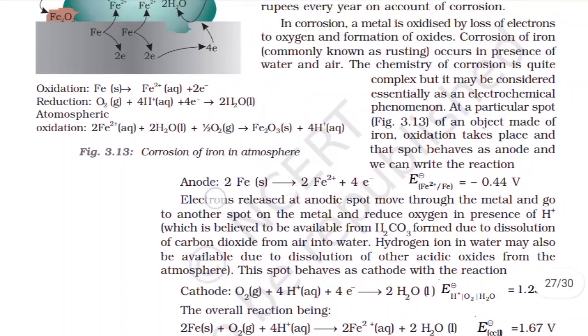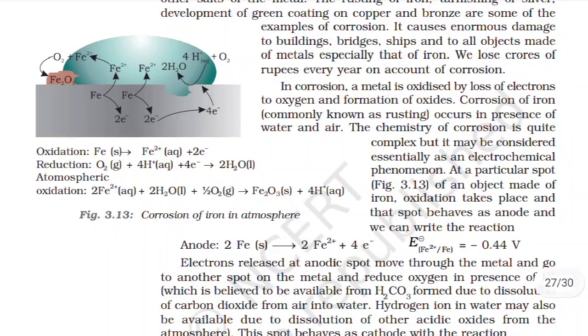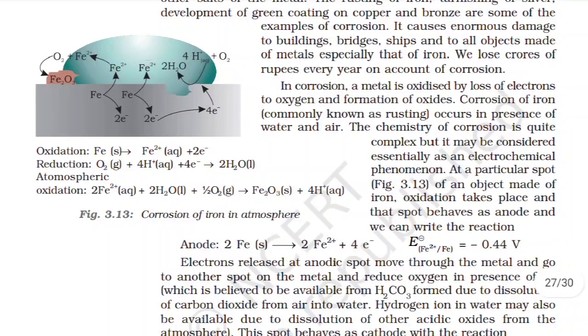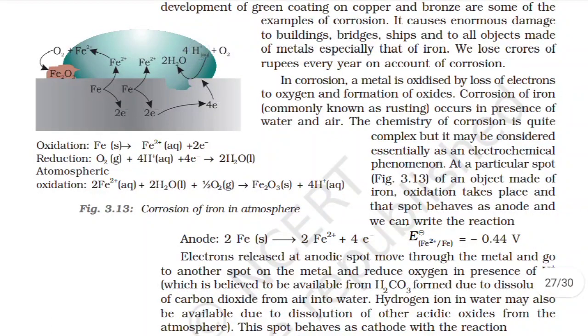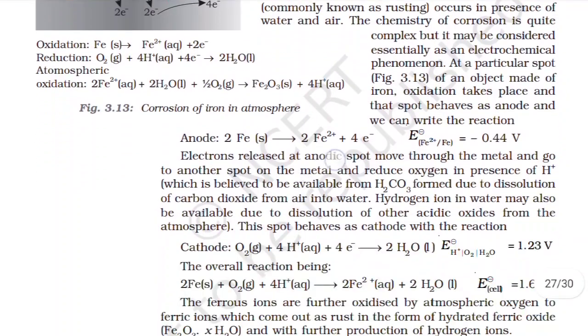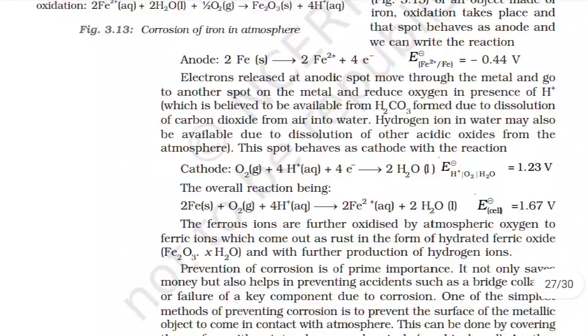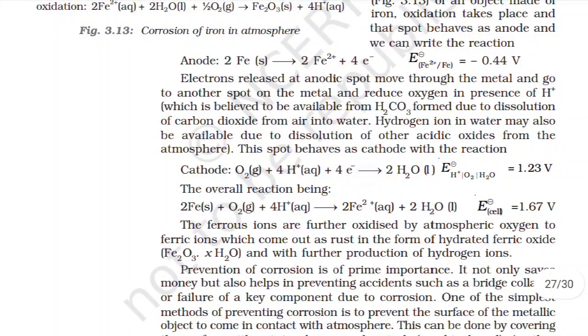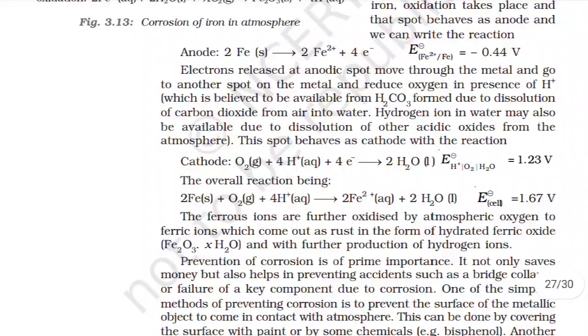Now at the cathode, we have the oxygen from the atmosphere. This green colored part is the atmosphere. In this atmosphere you will get moisture, air water moisture, and we will get oxygen also. At the cathode, the oxygen gains H plus ions from the moisture and gains the 4 electrons from the anode above, forming 2 moles of water.